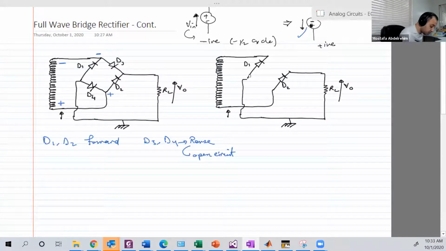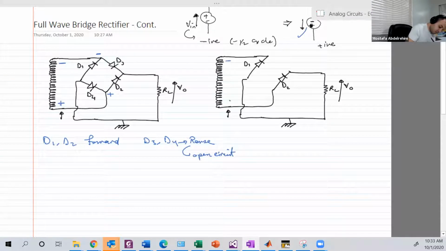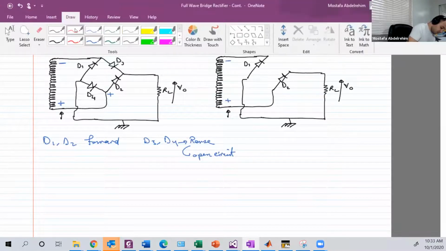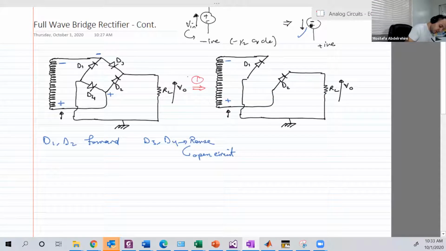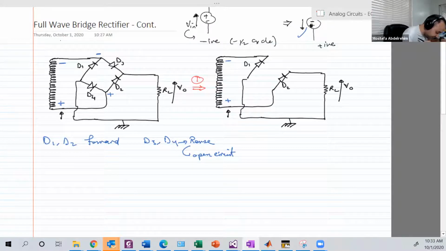Good. And this is the first modification. Still, again, it looks ugly. So we want to modify it.